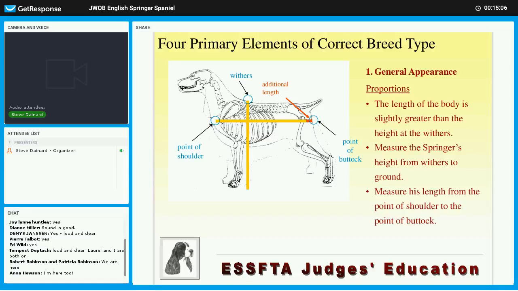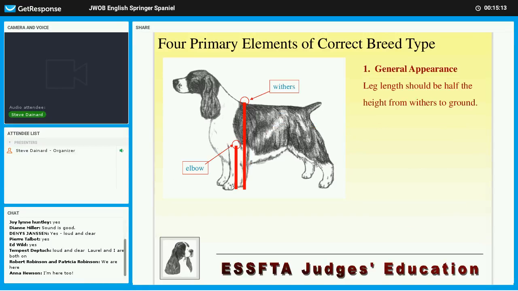Again, this just discusses from an anatomical perspective what those ideal proportions are as well. And we have a 50-50 split, just like Dobermans and many working dogs. A lot of the anatomy in the English Springer Spaniel is very similar to other breeds you will see in your sporting, herding, working combination.